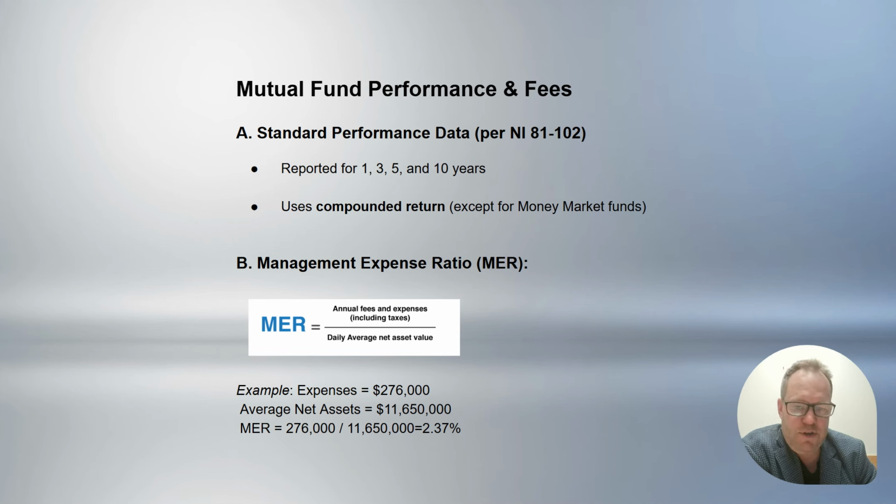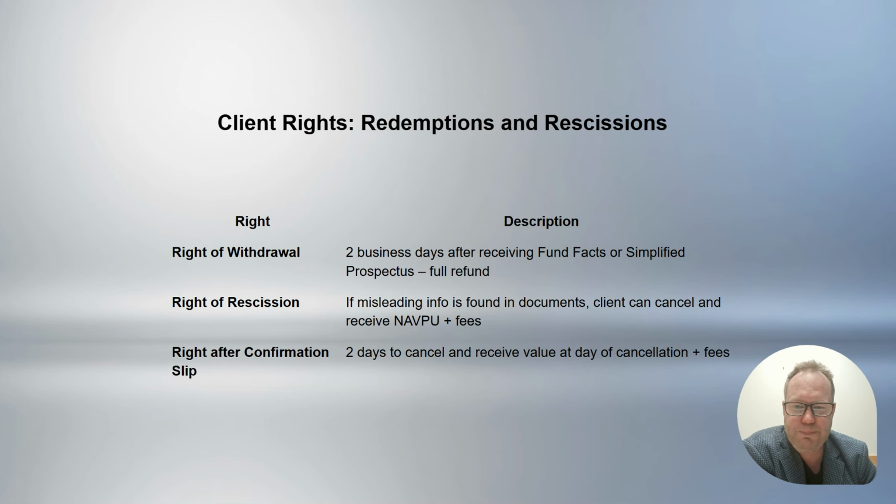We have to pay managers, directors, and administration, and we have to pay for purchases and sales of the instruments held in the mutual fund. All those costs are charged via a percentage, typically a fixed percentage. It would be listed in the fund facts and in the prospectus, and you would disclose that to a client prior to selling them a mutual fund.